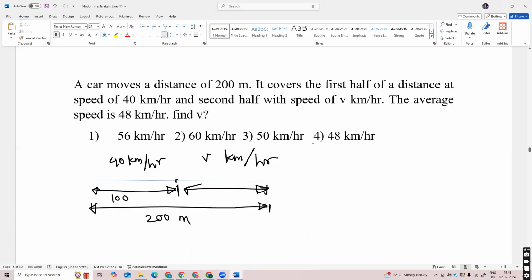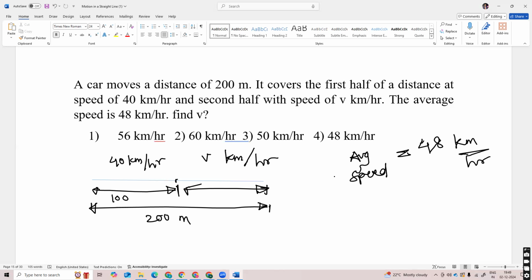Yes. So in the second half, the speed was v kilometer per hour. Okay. And they have given that the average speed is 48 kilometer per hour. So we have to find out v.